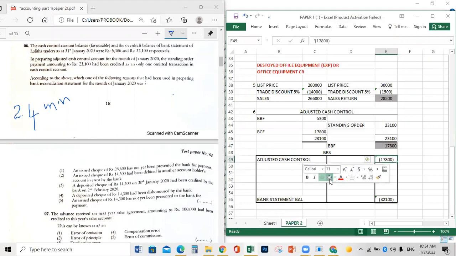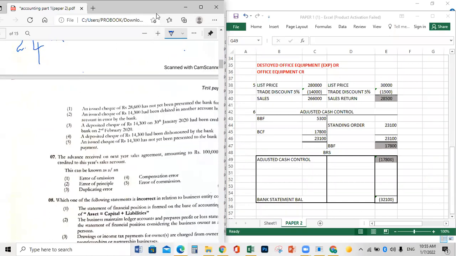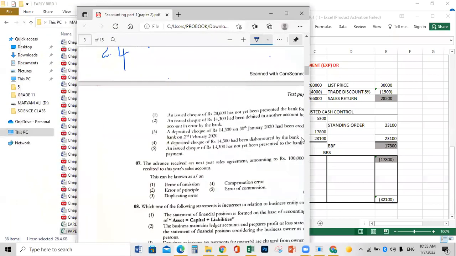You will ask me why I put a minus. Because usually cash control is a debit balance. But if it comes in the credit side, it means it's an overdraft. So they are asking, what would be the reason for the overdraft balance?